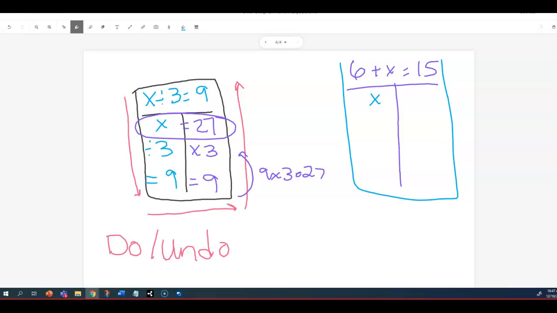They added 6 to it, because it's a positive 6, and it's going to equal 15. To undo it, I start at the bottom and work my way up, starting with the equals 15. The opposite of adding 6 is subtracting 6. So working from the bottom back up, 15 minus 6 is 9.